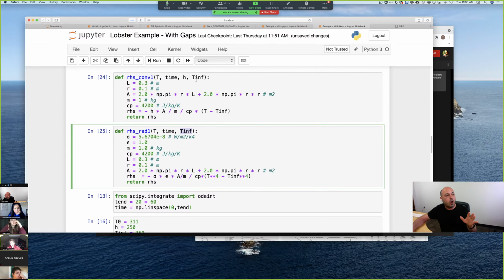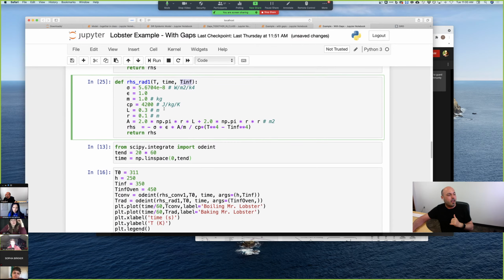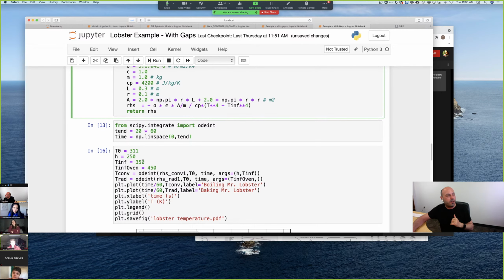Those come in as arguments. The advantage is that I don't have to edit the right-hand side every time I want to change something.